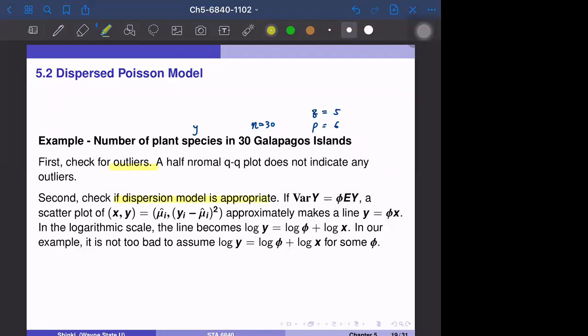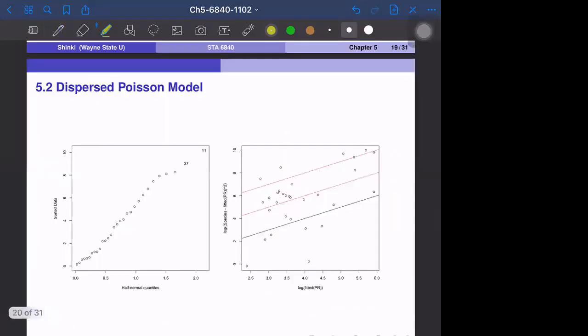For the outliers we can use a half normal QQ plot. Here is the half normal QQ plot, with the theoretical quantile and the sample residuals. You can see that there are no outliers.